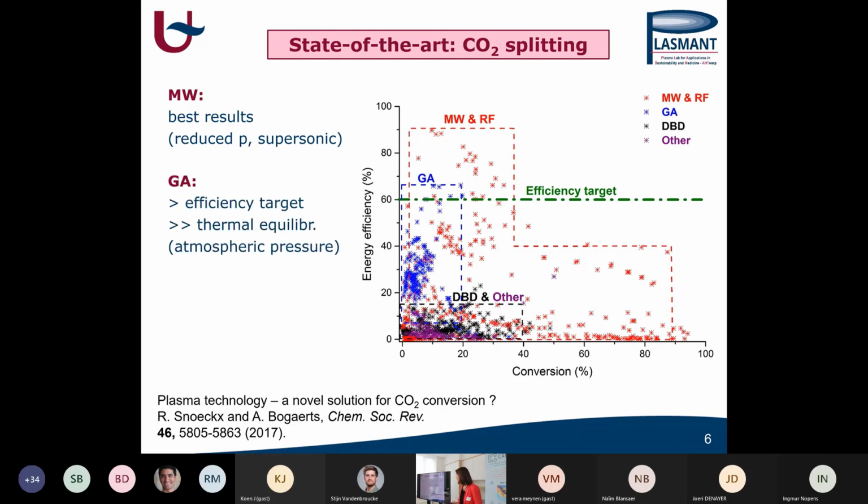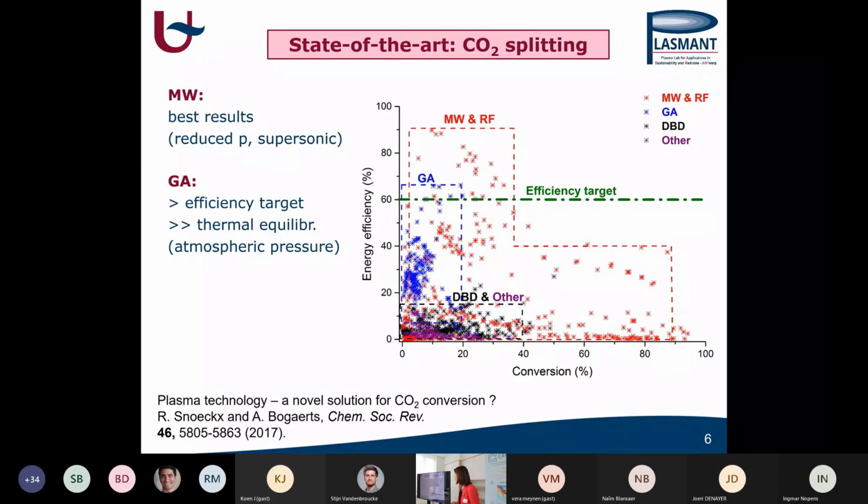On the other hand, there are gliding arc plasmas. So they are here, the gliding arc plasmas. They are also above the efficiency target. So the green dashed curve is what we defined as the efficiency target, 60%, for plasma to be competitive with other emerging technologies and also with classical technologies.